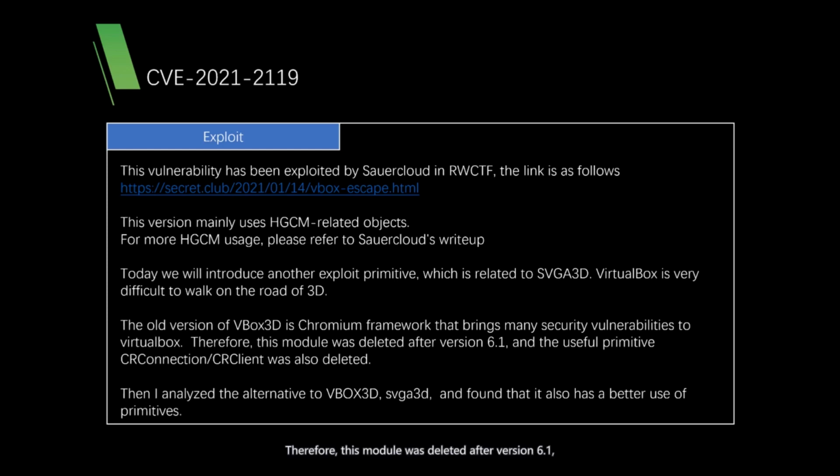Therefore, this module was deleted after version 6.1, and the useful primitives CR connection and CR client were also deleted. Then, I analyzed SVGA 3D, which replaced the VBox 3D, and found that it also has a great many useful primitives.